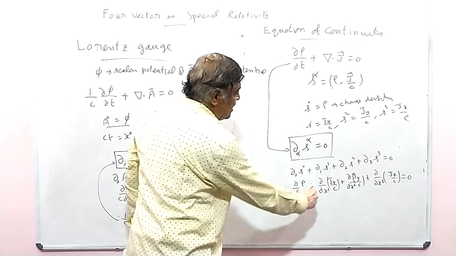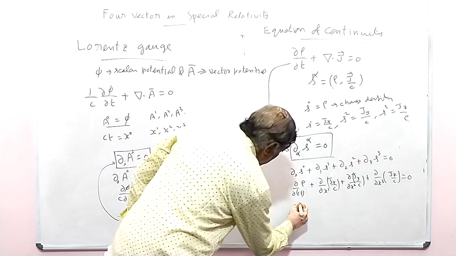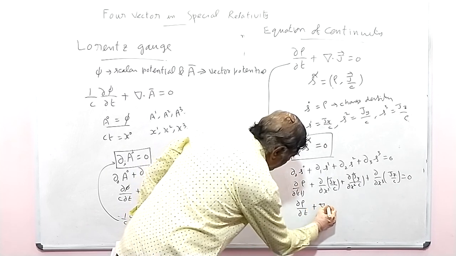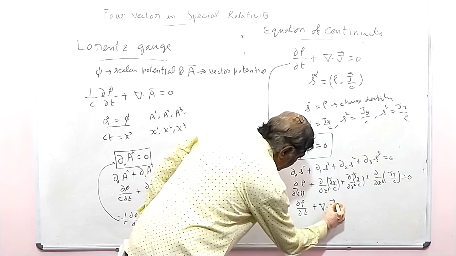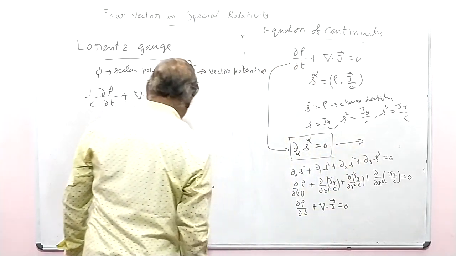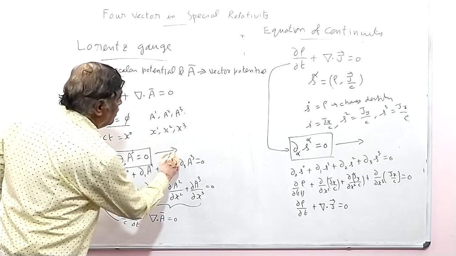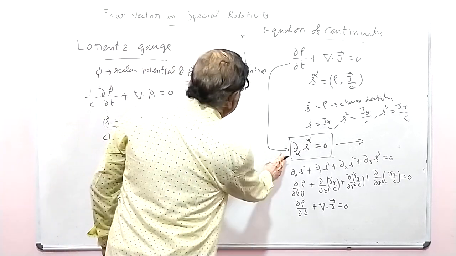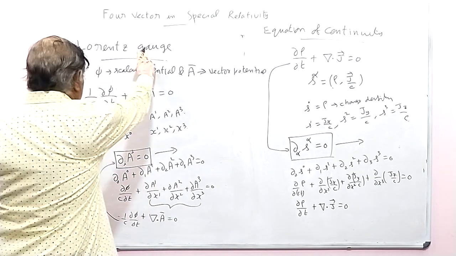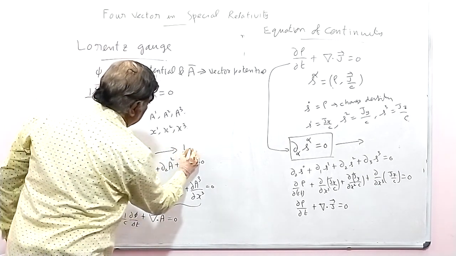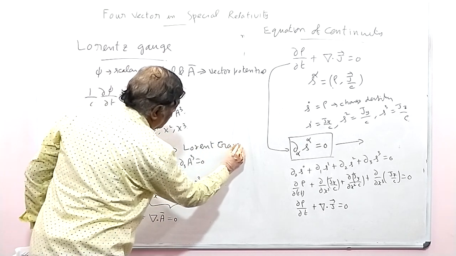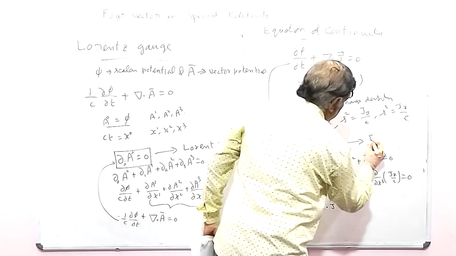So C is a common term that can be removed. This term will be d rho by dt, plus the remaining term will be the divergence of J. So this is one equation, the equation of continuity, and this is the Lorentz gauge.